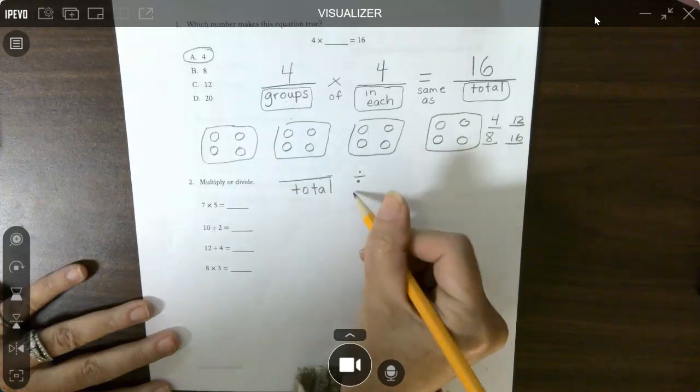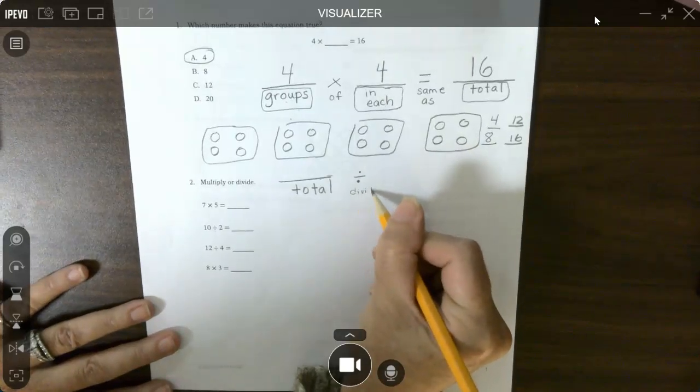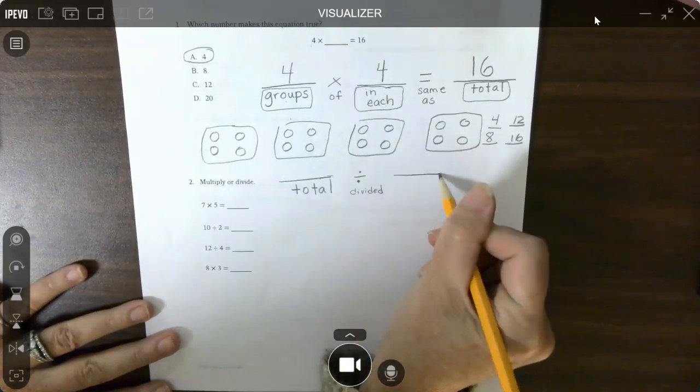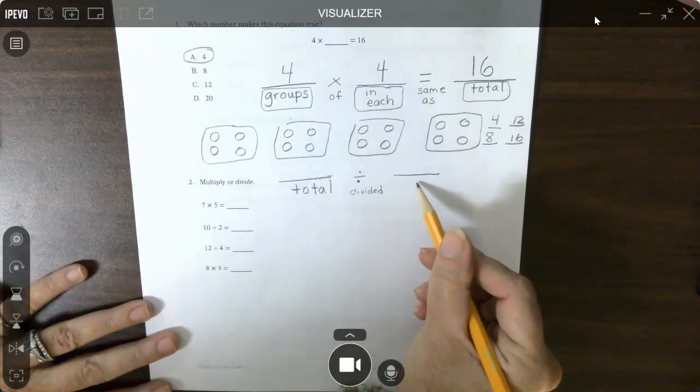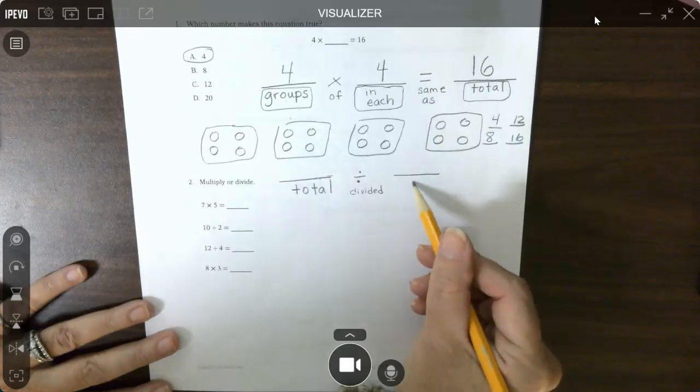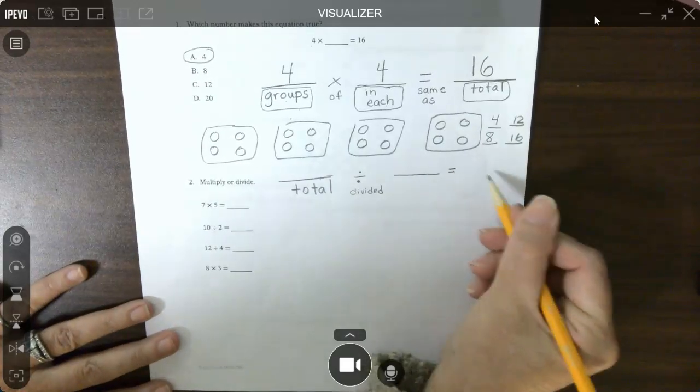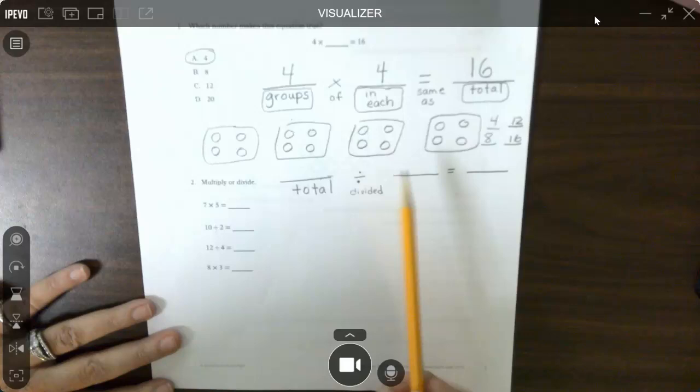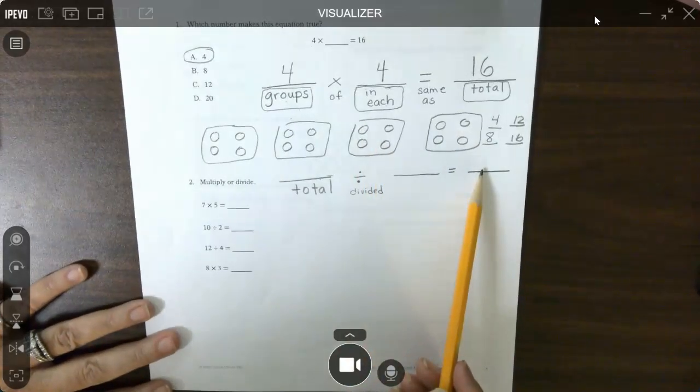I will divide it either into groups or into how many was in each group. So this can vary. And then whatever I don't use would be the other portion.